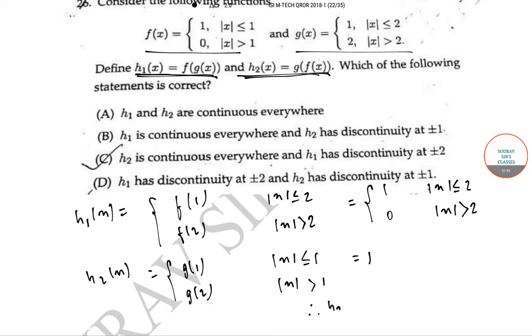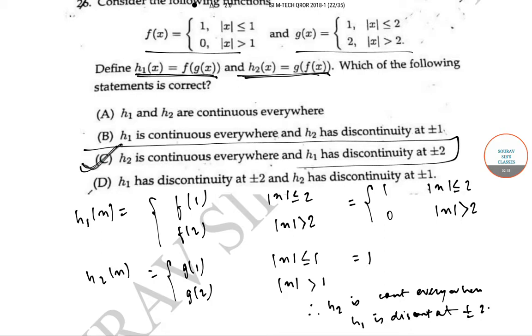Therefore, h2 is continuous everywhere and h1 is discontinuous at plus minus 2. So the correct option is option C. h2 is continuous everywhere and h1 has discontinuity at plus minus 2.